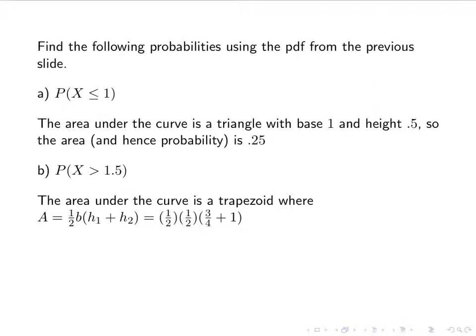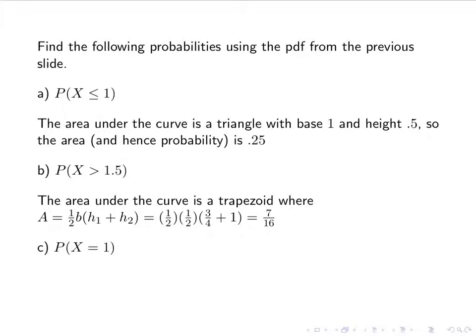If you look back at the picture, the base is 1/2 and the different heights are 3/4 and 1. So I get 1/2 times 1/2 times 3/4 plus 1, and that equals 7/16. So the probability that x is bigger than 1.5 is the shaded area, which is 7/16. So just a little bit less than 1/2.